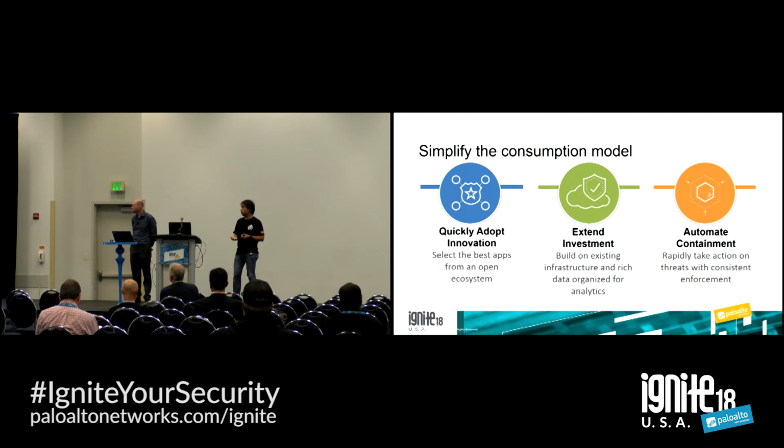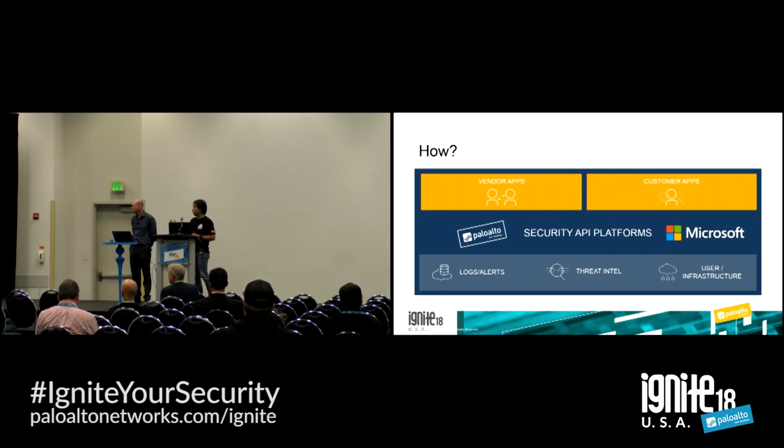So how do we simplify the consumption model? What can we do to do that? The idea, and again, we approach this in slightly different ways, and we will explain what this means, but the idea is using APIs. So instead of being closed systems and closed ecosystems, we want to be open. We want to provide APIs so our customers and our partners, third-party vendors, can actually interact with the APIs that Palo Alto Networks and Microsoft provide to access the security information.